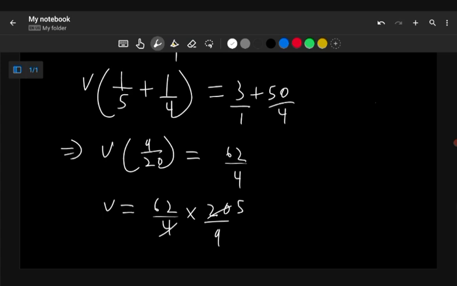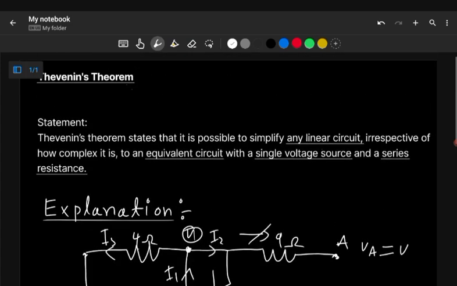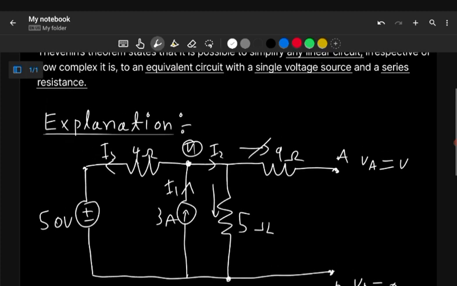This will be 5. And then the resulting answer, you will get it as 34.4 volts. So this is our VTH. I will go up and write it over here.